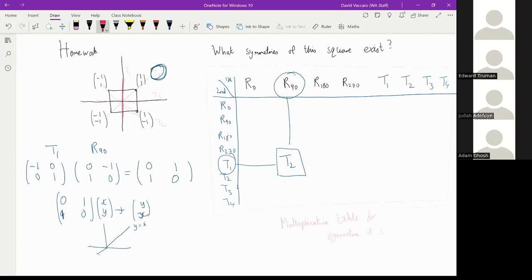And I'll finish with a general knowledge question before I take any general questions from you. Does anybody know what the name is for the multiplication table of symmetries of an object? So if we were to complete this table, what's the name of the mathematical structure we would get?